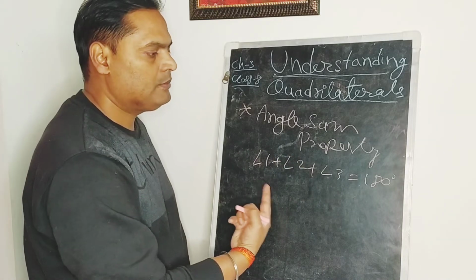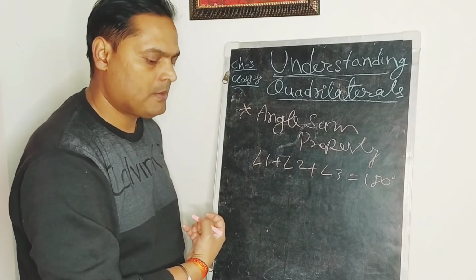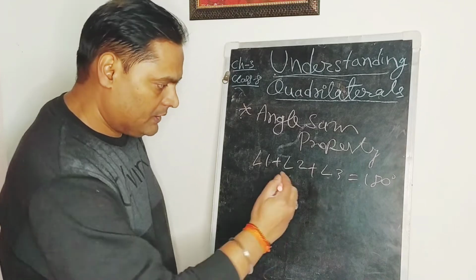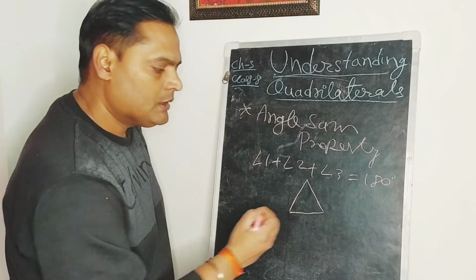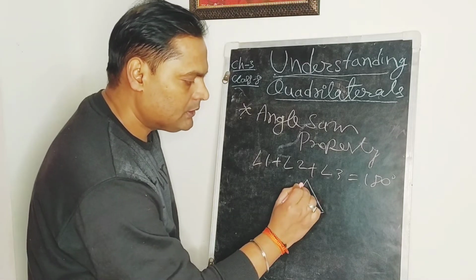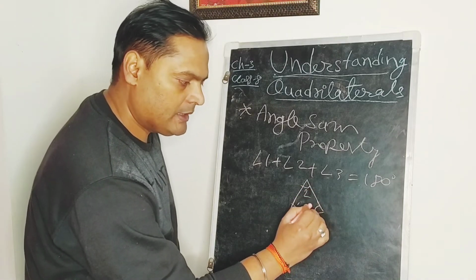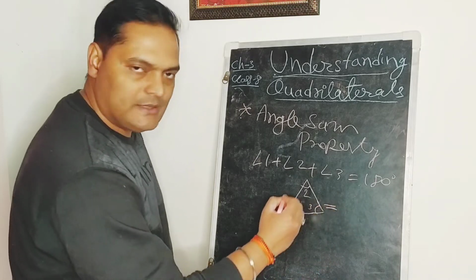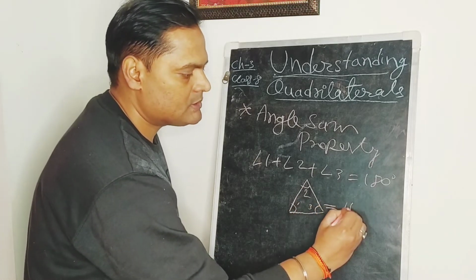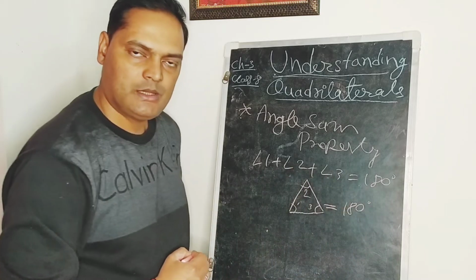This is the angle sum property. So if I have a triangle here with angle 1, angle 2 and angle 3, including all these three angles, the sum is 180 degrees.